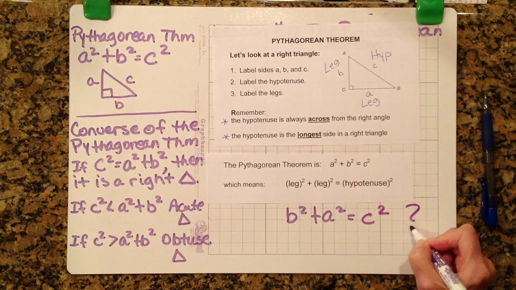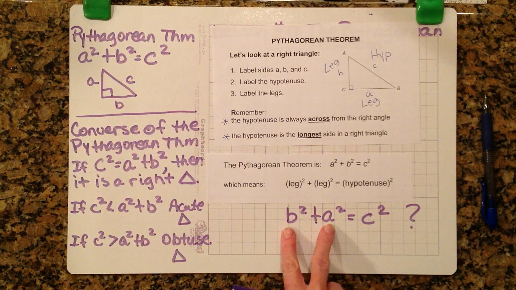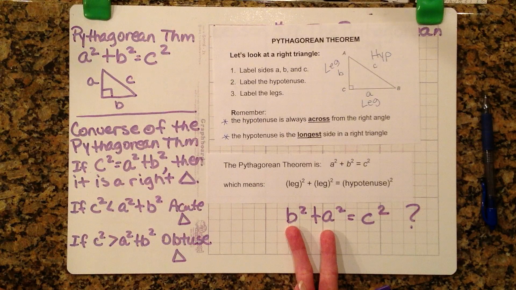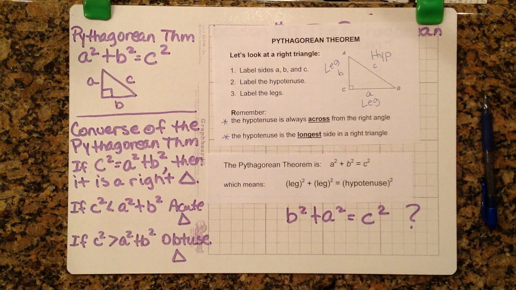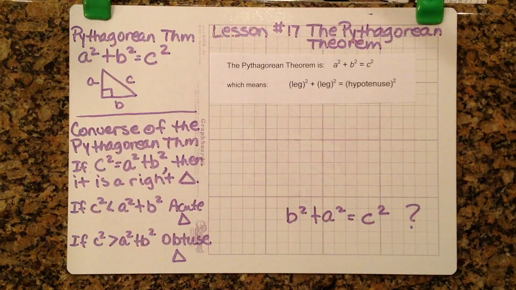Can I write it that way? Yes, I can, because this is addition. Addition can be commuted. I can add the b squared plus a squared, or if I want to, I can flip it and do the a squared plus b squared. Okay, it doesn't matter what order you add those up in. Okay, so now let's look at a couple of examples.